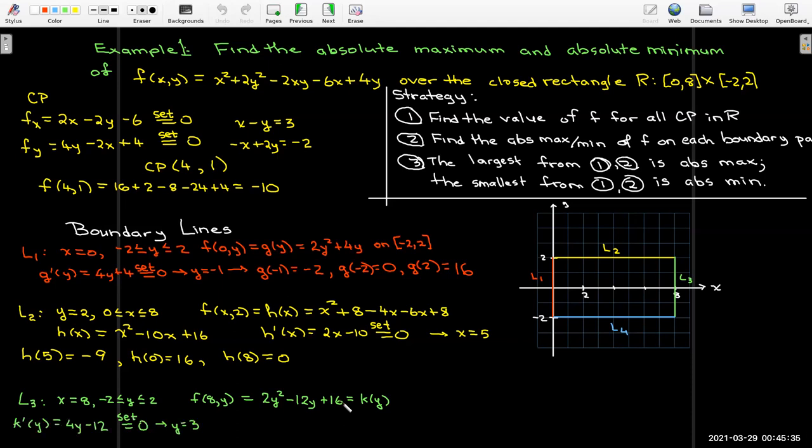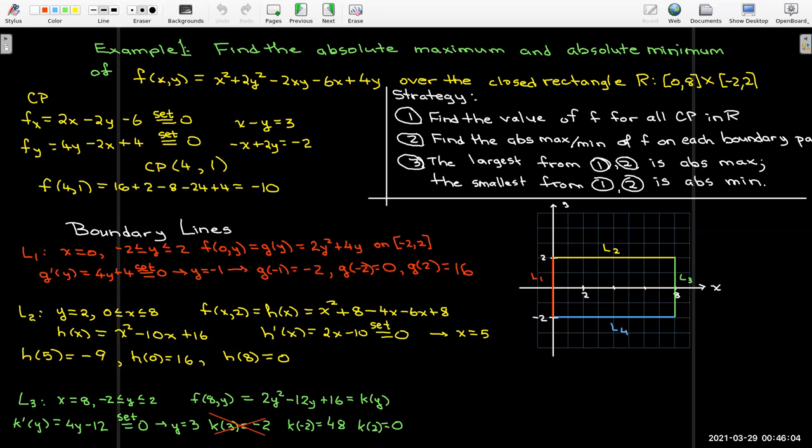Now, if I take the derivative there, set it equal to 0, I get y equals 3. Well, y equals 3 is not in my boundary. So when I first worked this problem out, I went ahead and blindly evaluated it. It didn't really hurt anything because it wasn't one of the absolute max or min, but really you should not even evaluate it because it's not between -2 and +2.